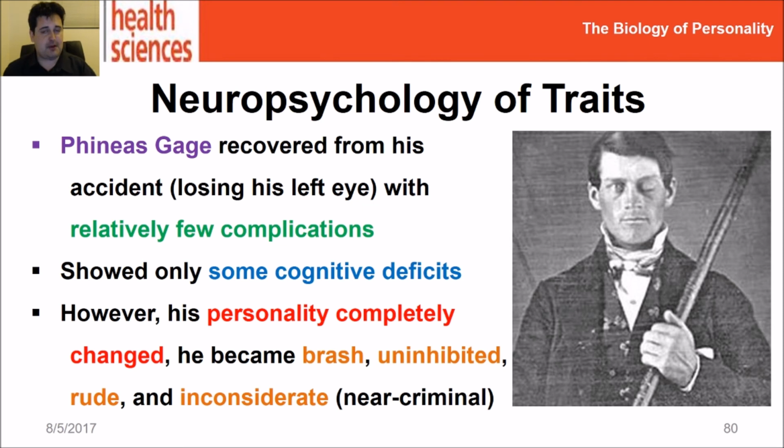These are essentially personality differences, but we understand that the circuits that gave him the pre-existing level of personality control that he had, the level of conscientiousness and agreeableness that he had, have been changed because he lost those circuits out of his brain when the railroad spike went through his head. So that's always an important thing to keep in mind when you're dealing with people who have brain injuries, especially if you're dealing with geriatric populations that are developing dementia.